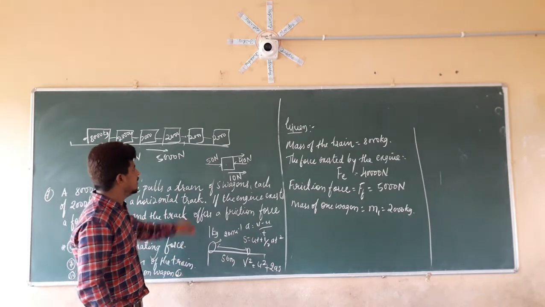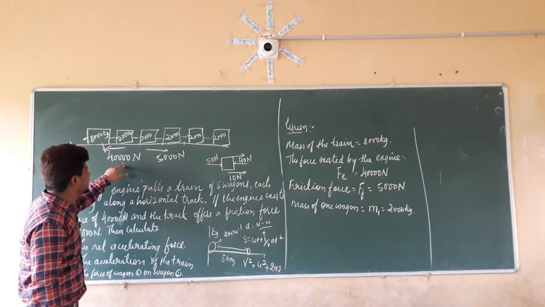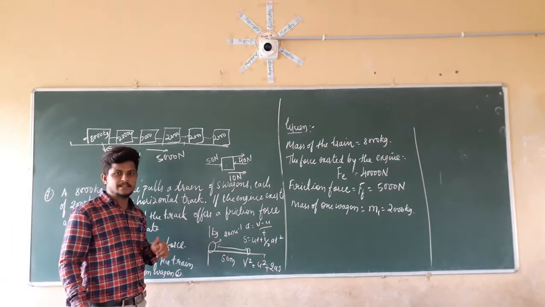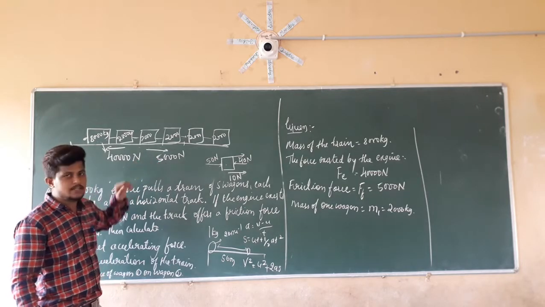In the same manner, to calculate the net force in this case, we have to take the difference between the force exerted by the machine or engine and the force exerted by the surface or track. So that is nothing but the difference of both.